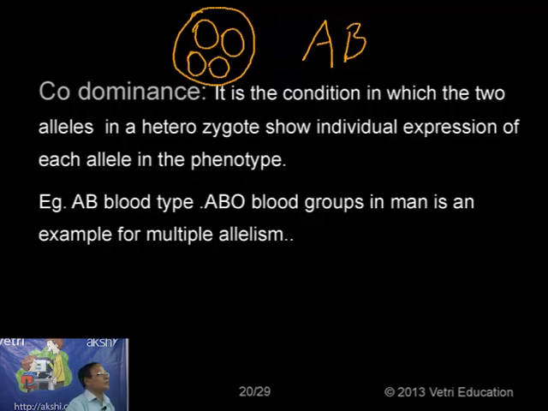Now, in the case of AB blood group persons, some of the RBCs have A antigen, some of the RBCs have B antigen. So you see that there is no mixing of A and B antigens, and both are present together, separate. There is no mix. I will represent this once again. We will come back later.